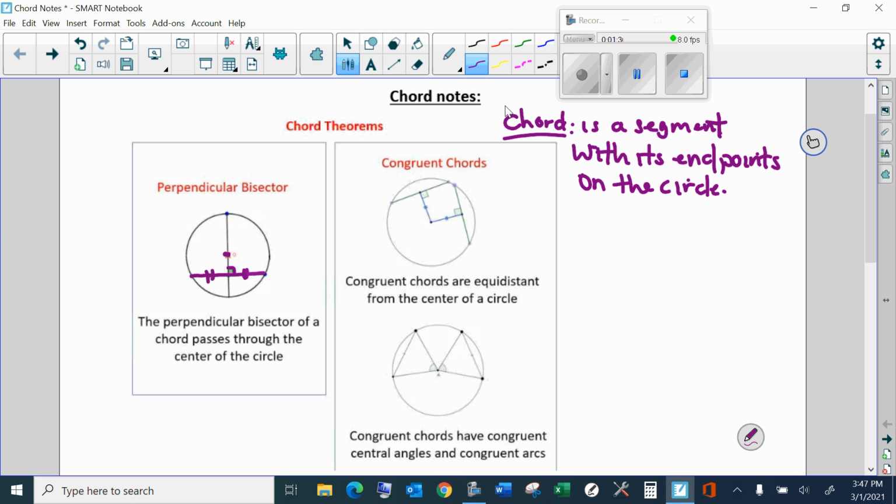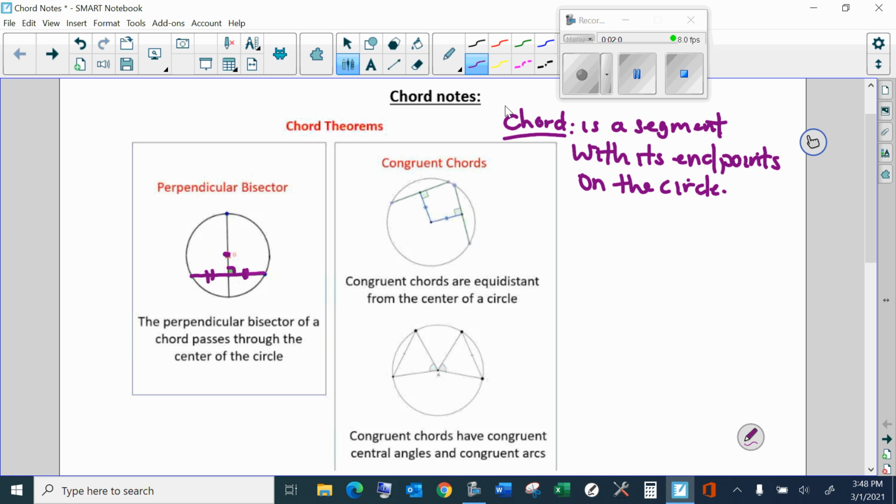So the perpendicular bisector chord passes through the center of the circle, which means it is a diameter. Okay? So anytime you have a perpendicular bisector of a chord, you know the chord that is the perpendicular bisector is the diameter.